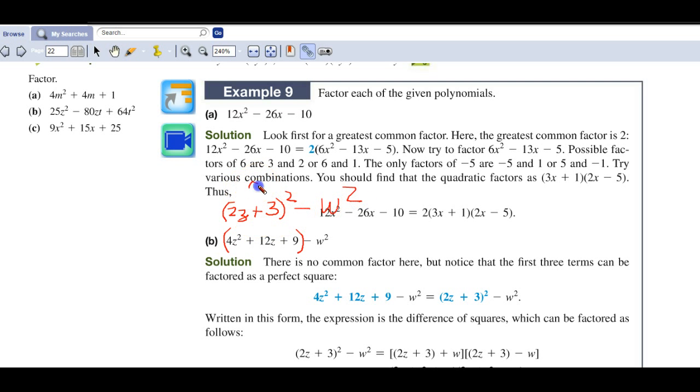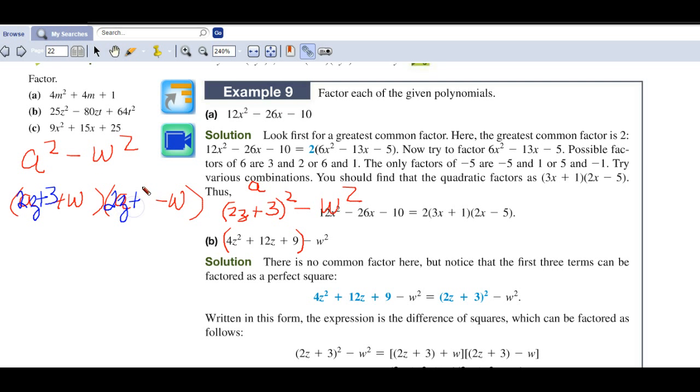Now remember, we could put an a here, and we would have a squared minus w squared, which will then factor into a plus w, a minus w, but our a is actually 2z plus 3.